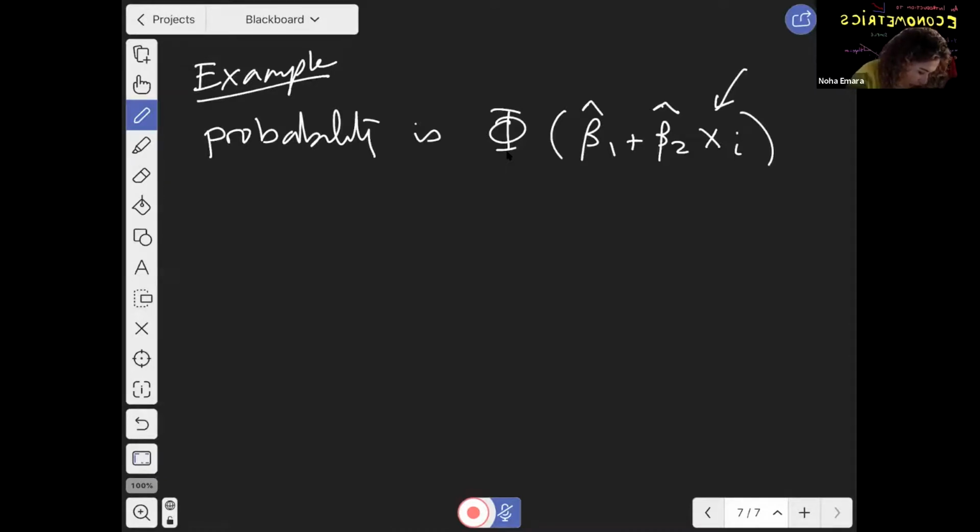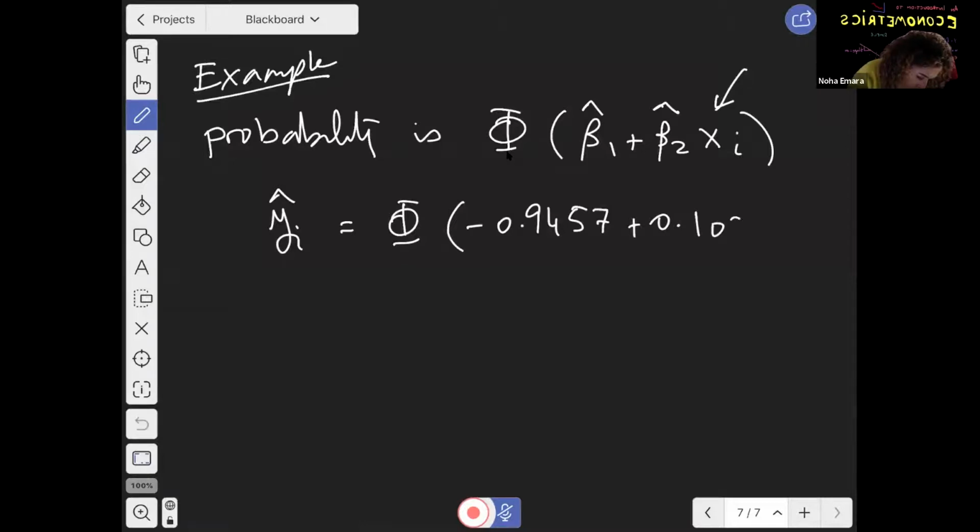In other words, my yi hat is equal to phi of negative 0.9457 plus 0.1021 xi. So if I ask you, what is the probability of owning a house at income equal to 1, or 1,000?